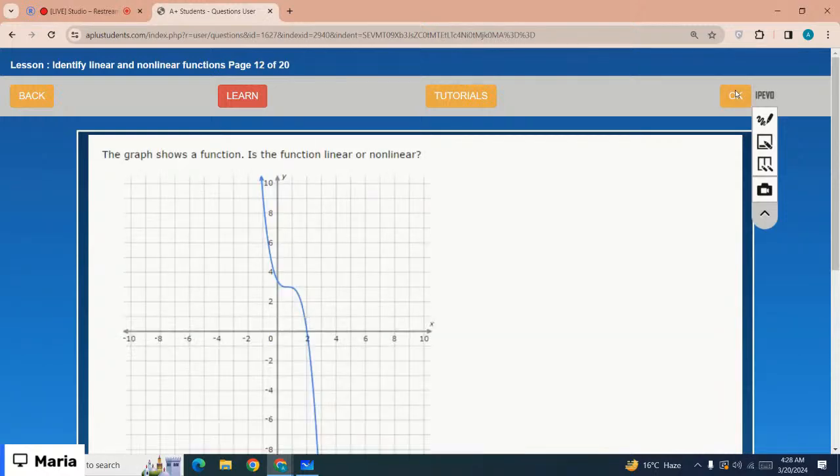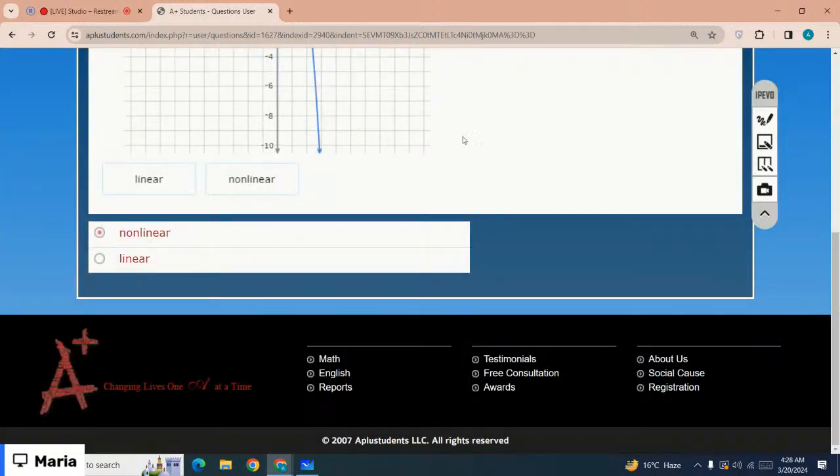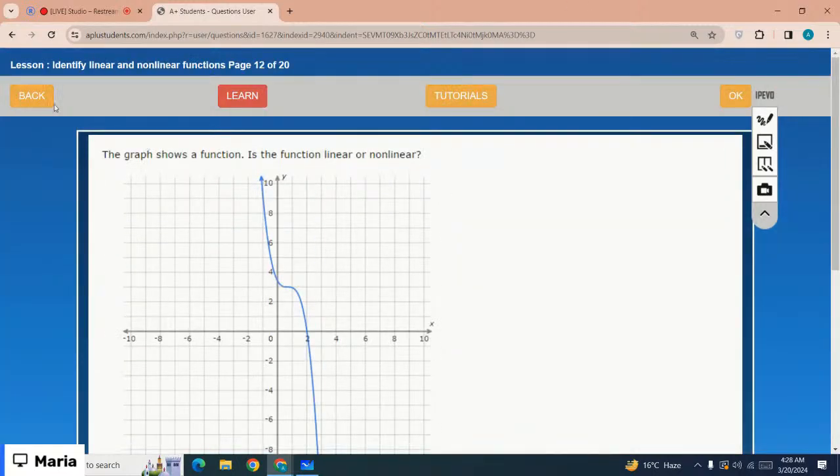The graph shows a function. Is the function linear or non-linear? Yes, the correct option is non-linear function, right? Okay, you can complete the lesson by yourself later today.